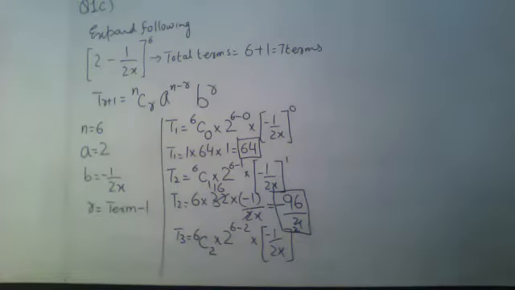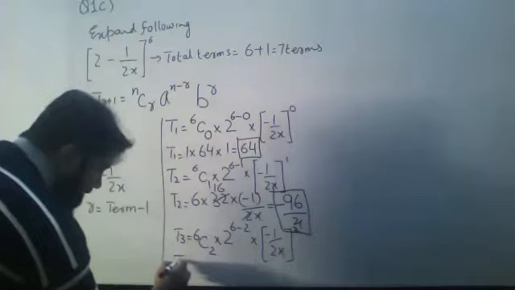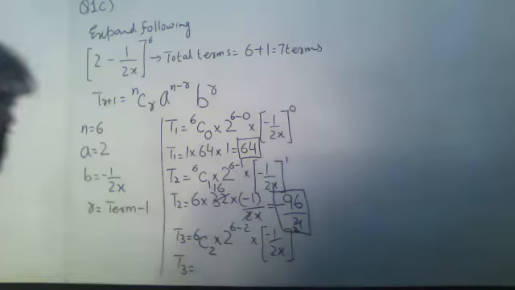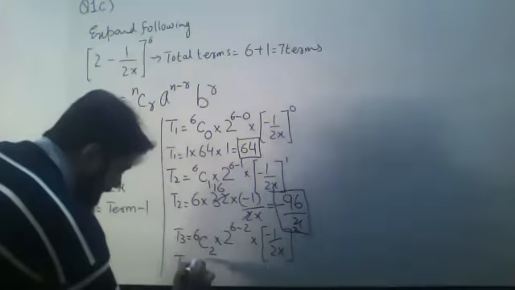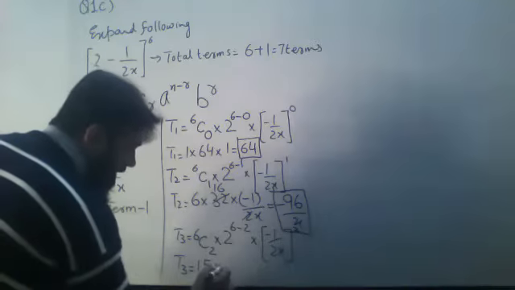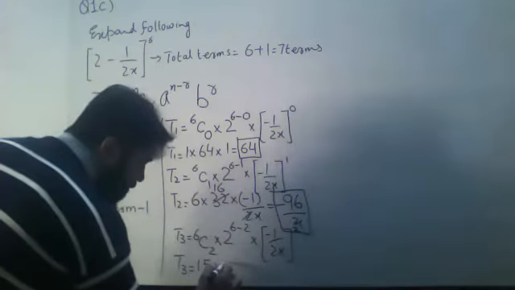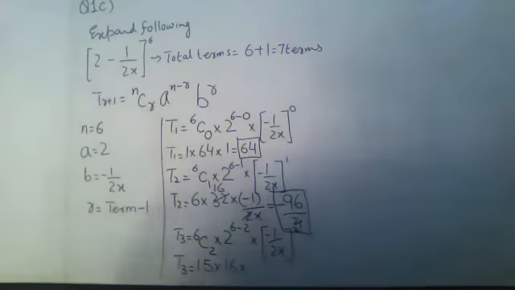Now simplifying it. So first of all, I have got 6C2. I will use my calculator, and 6C2 is going to be 15 into 2 to the power 6 minus 2, which will become 16. Okay?